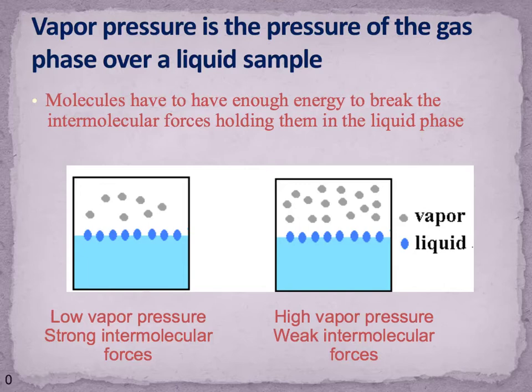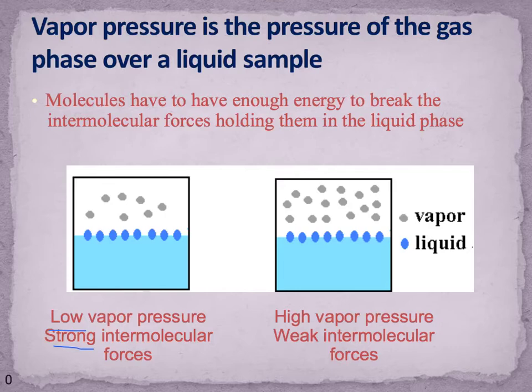So when we have something with a very low vapor pressure, what we see is that it has very strong intermolecular forces, because those molecules are being held tightly in the liquid phase. There are strong attractions between those molecules. It's going to take more energy to move those molecules from the liquid phase to the gas phase, and as a result, very few of them can escape into the gas phase.